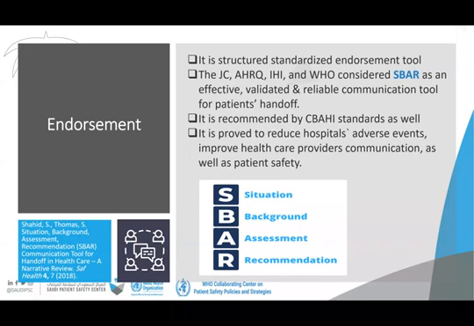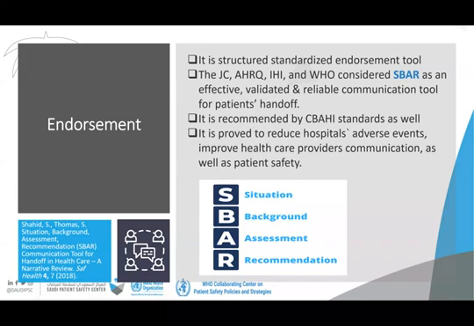So in order to avoid this, many organizations propose or adopt structured, standardized endorsement tools. One of the tools well validated by the Joint Commission, AHRQ, IHI, and WHO is the SBAR tool, considered an effective, validated, reliable communication tool for patient handoff.